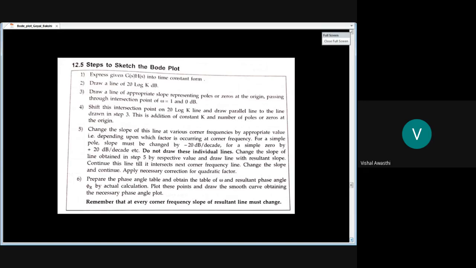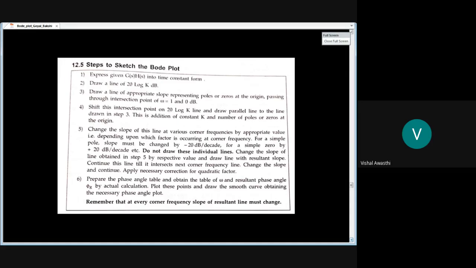Along with that, just see the poles and zeros location with respect to their corner frequencies. You have to make a sequence according to the corner frequency. The first term is your constant. Second term is poles or zeros at origin. You will always understand that either there is a pole or zero at origin. Both the poles and zeros cannot be in that question, because after that you have to simplify this one.